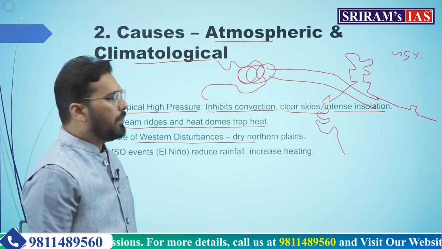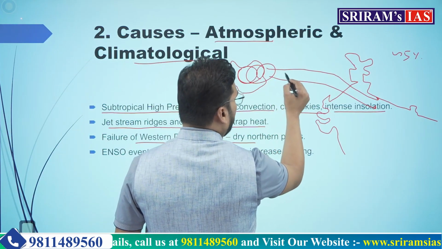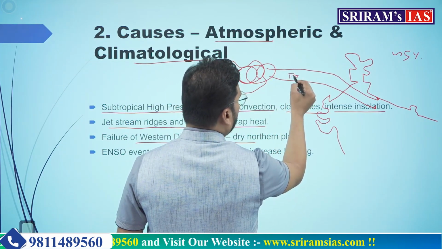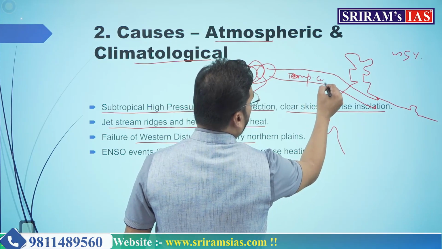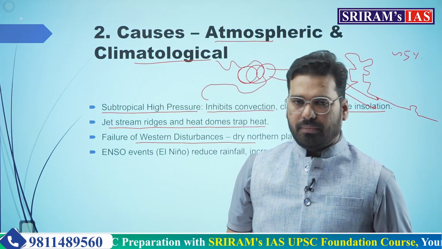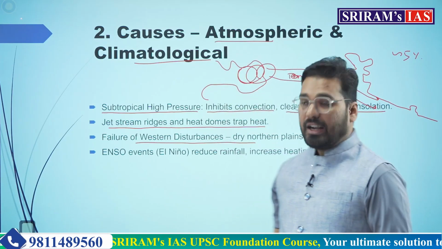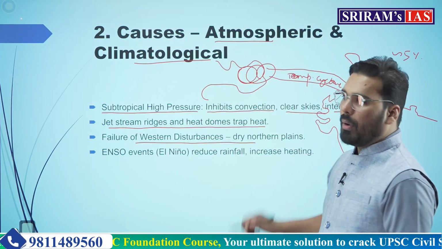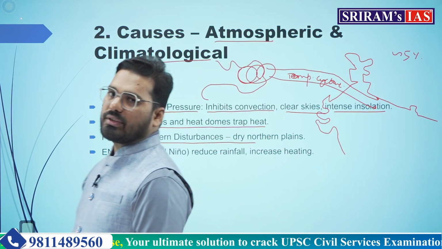But what if in some years these temperate cyclones are not able to reach India in a very efficient manner? That means they are not able to create a good amount of rainfall in the northwestern part of India.